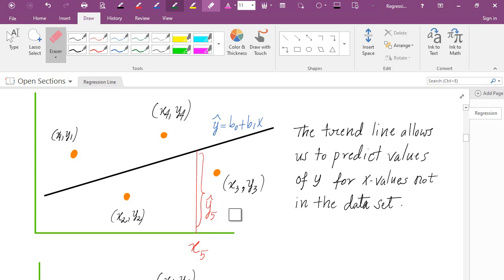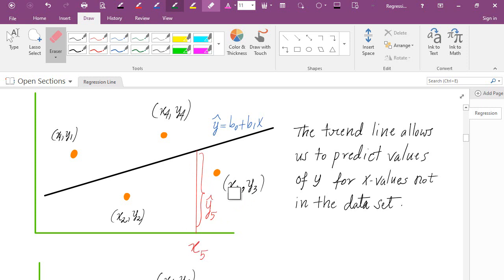Then we think of y5 hat as the predicted value of the response variable when the explanatory variable is equal to x5.